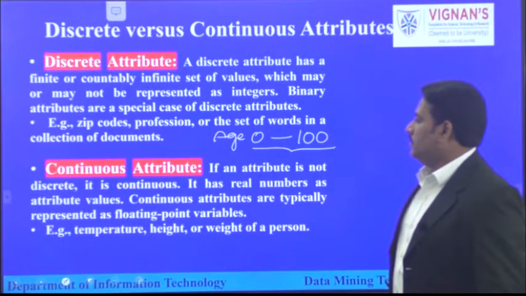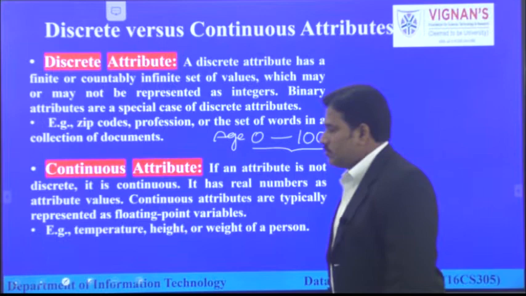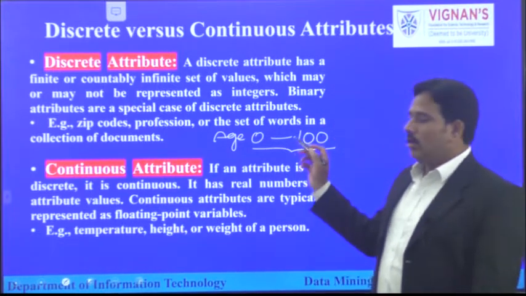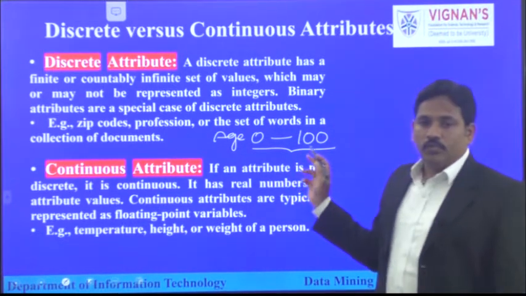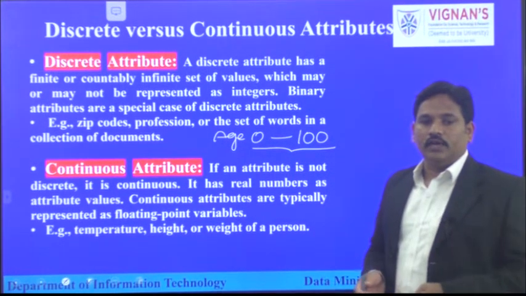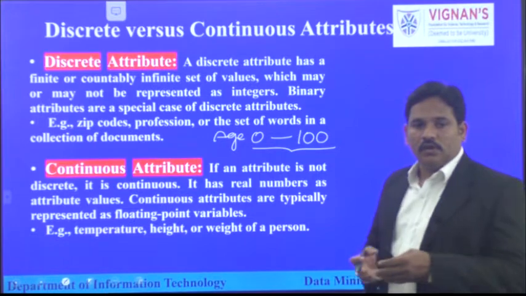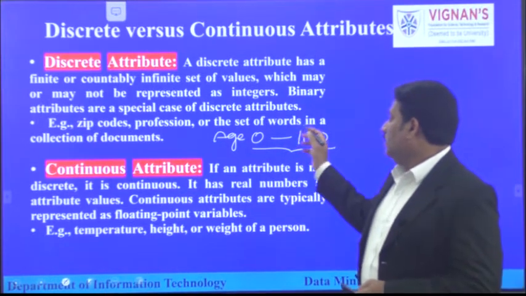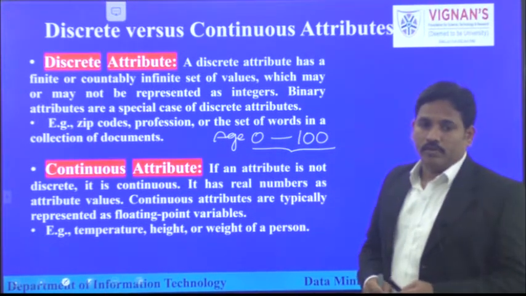Binary attributes are a special case of discrete attributes, like zip codes. All zip codes are pin codes. Under profession, if you are entering 20 different types of professions, then there are 20 countable values, and there is a set of words in a collection of documents.